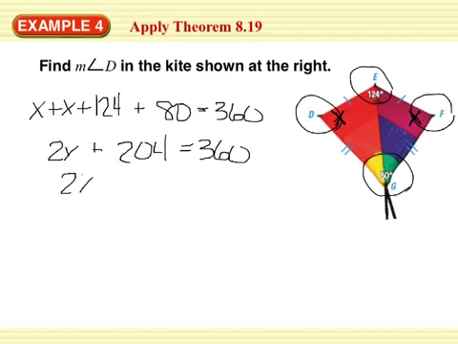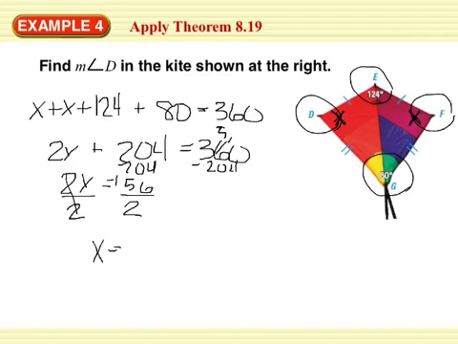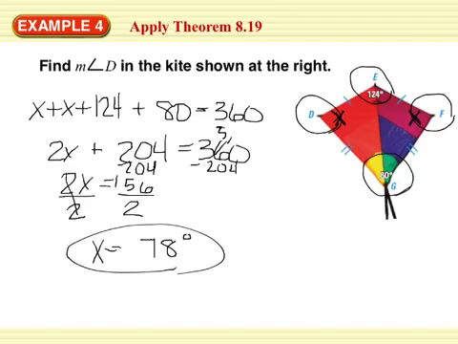Let's solve for X. Subtract 204, subtract 204. 156, divide by 2. X equals 78 degrees. So each angle is, oh goodness, I've messed up somewhere. Oh no, this one's different than the one in the book. I think I'm good. Hold on a second. Math has been double checked. We are good.